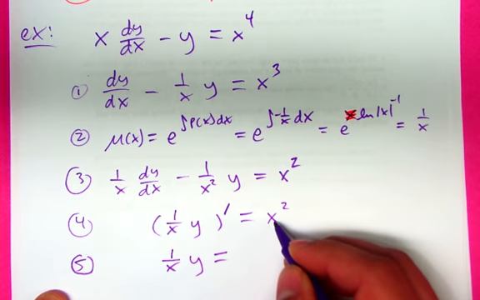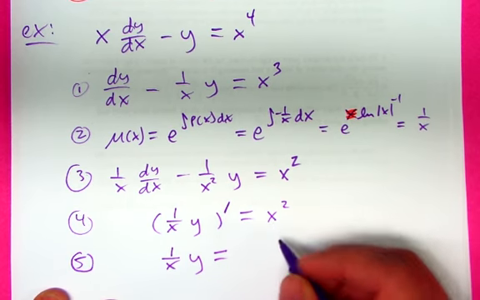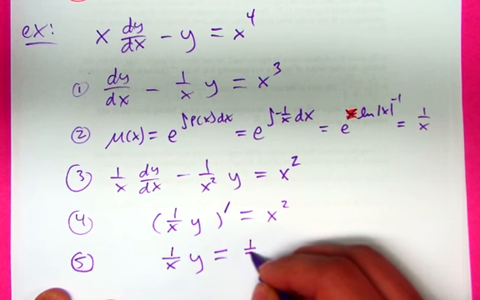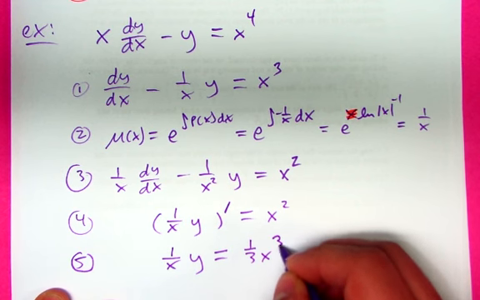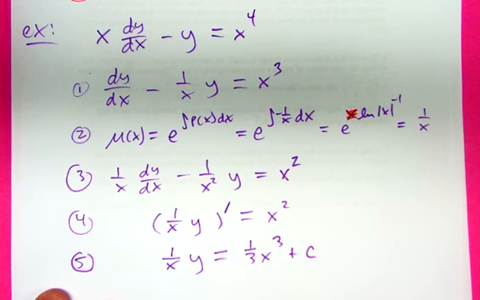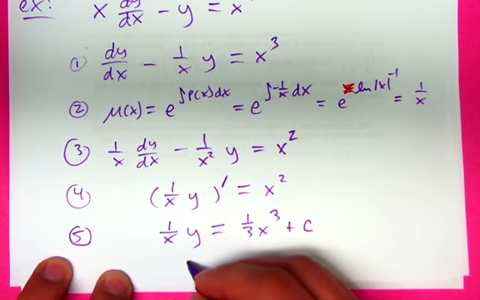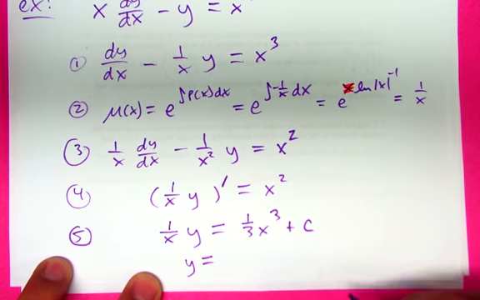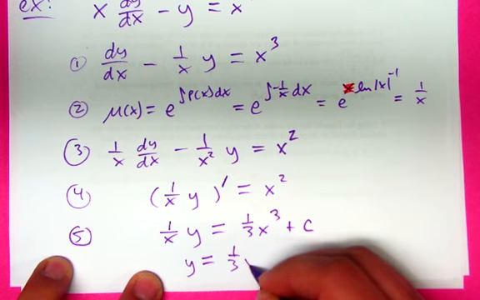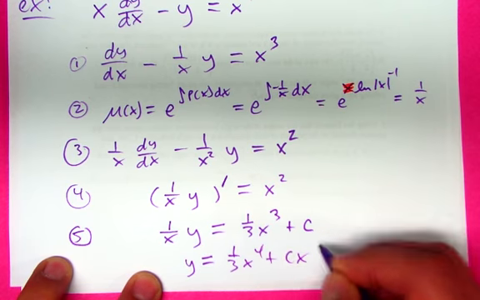If we integrate the right-hand side, we get 1/3 x cubed plus a constant. And certainly here we could easily get the explicit solution. We can multiply by x, so we have 1/3 x to the 4 plus cx.